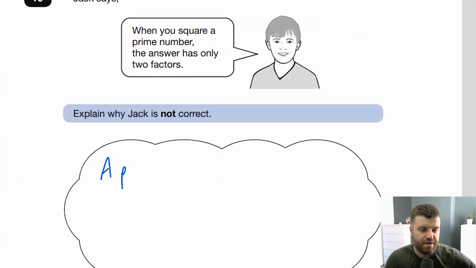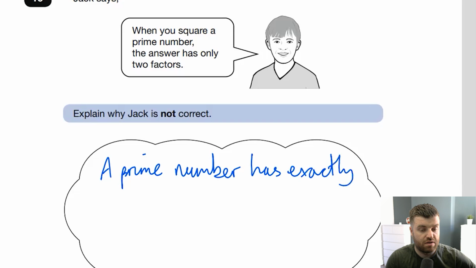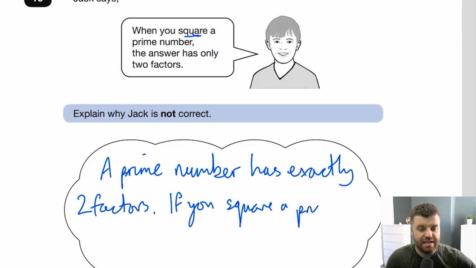So a prime number has exactly, do we know? 2 factors. So that's the first thing. A prime number has exactly 2 factors. So if you square a prime number, is it only going to have 2 factors now?